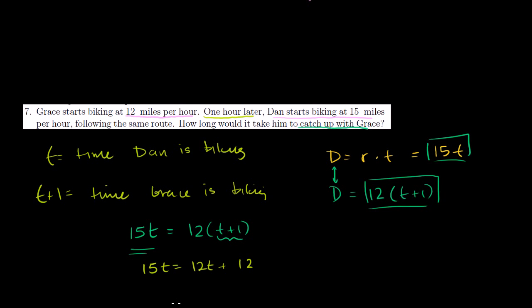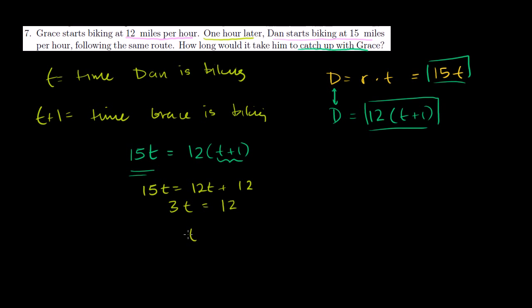I don't want to make a mistake there. If we subtract 12t from both sides, you get 3t is equal to 12. Divide both sides by 3. You get t is equal to 4. So after Dan has been riding for 4 hours, he will catch up with Grace.